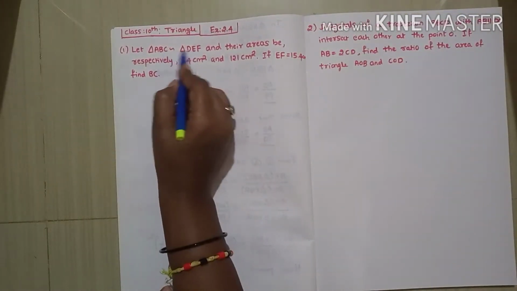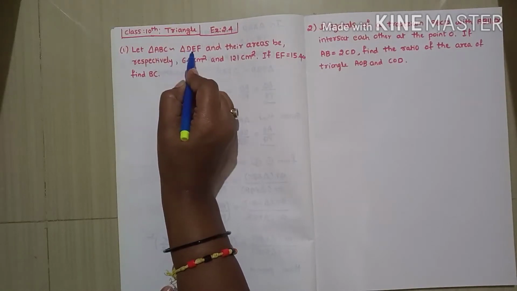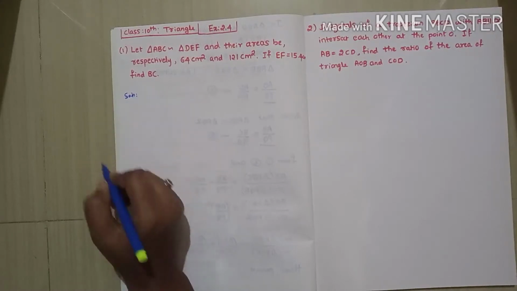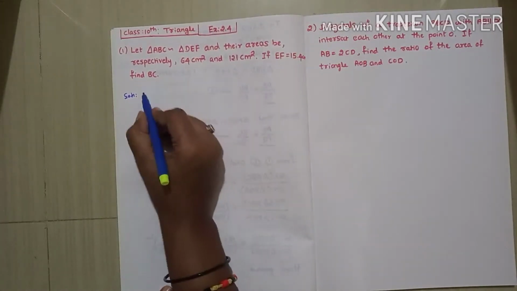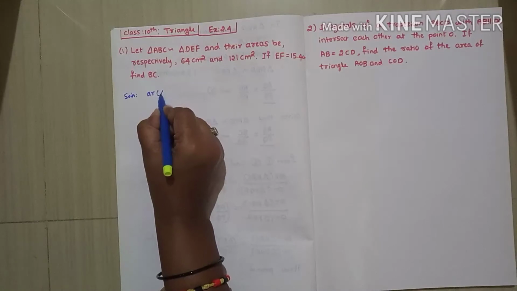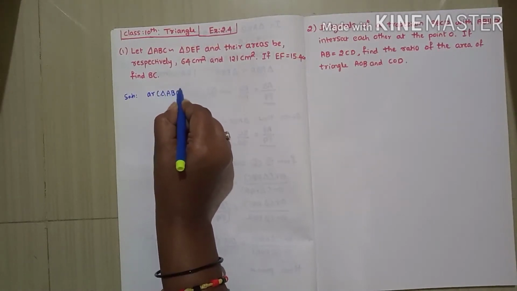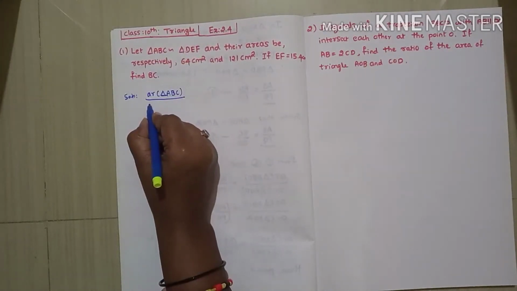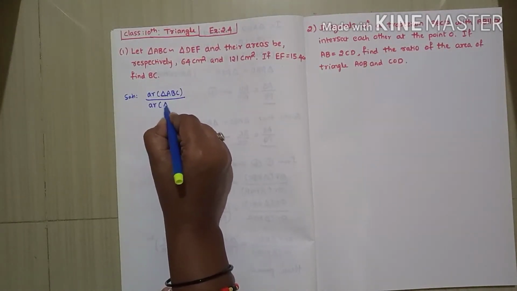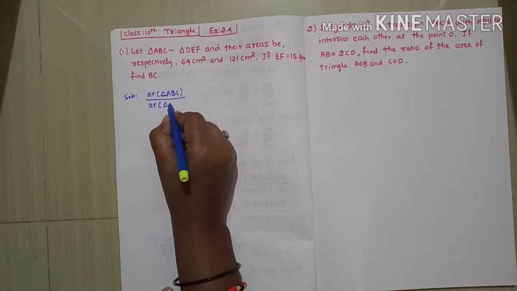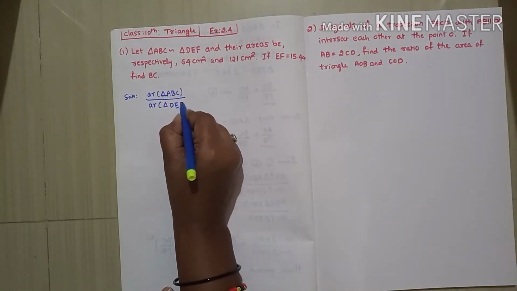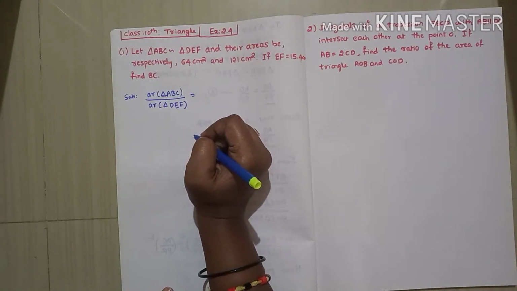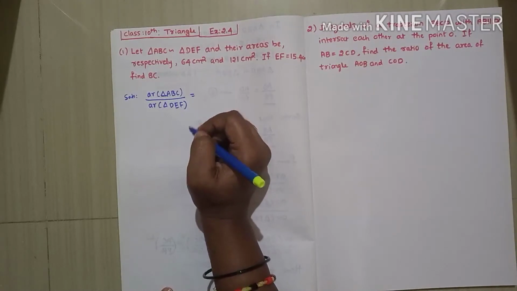Here the two similar triangles are triangle ABC and triangle DEF. To solve, we have to write the theorem first. I am writing it in the form of a ratio: area of triangle ABC divided by area of triangle DEF is equal to the square of the ratio of the corresponding sides.